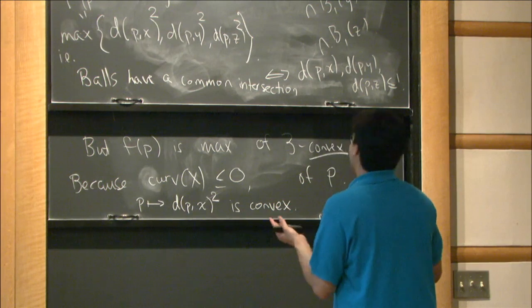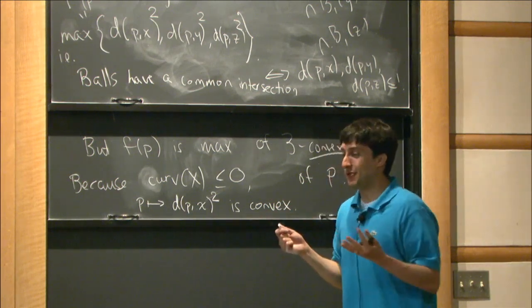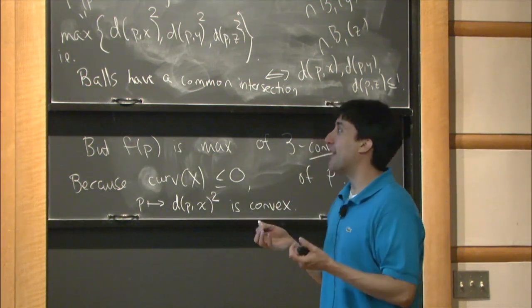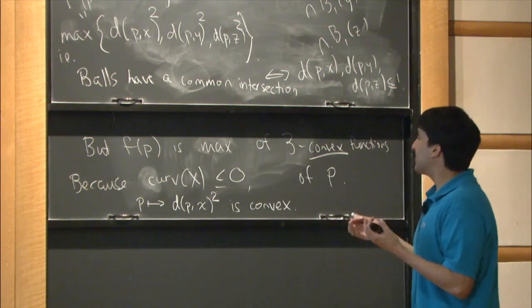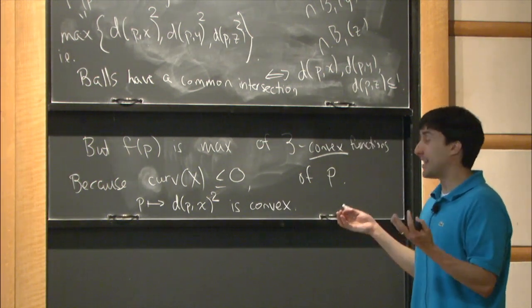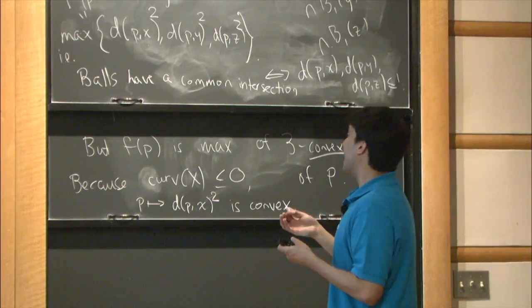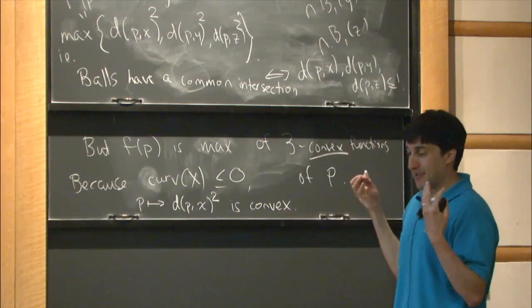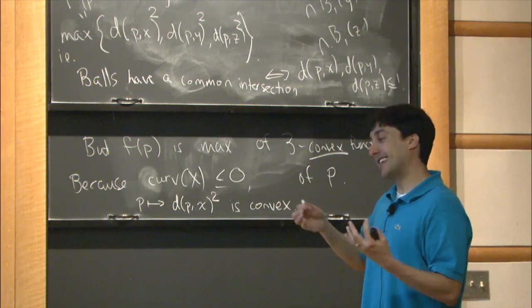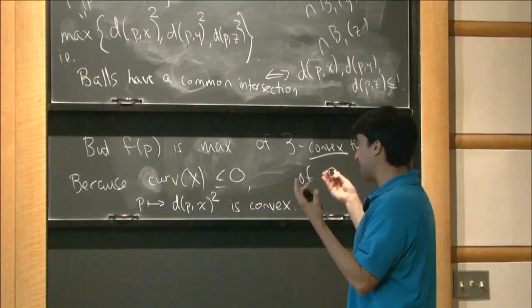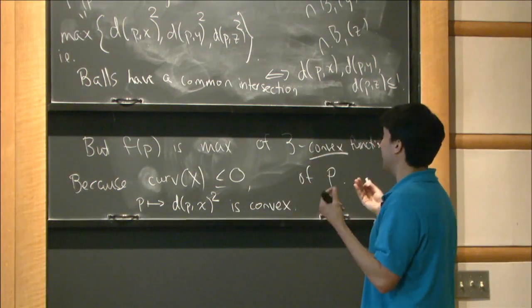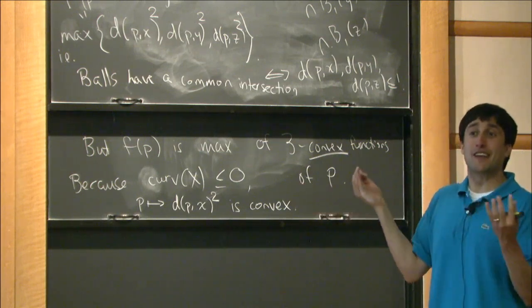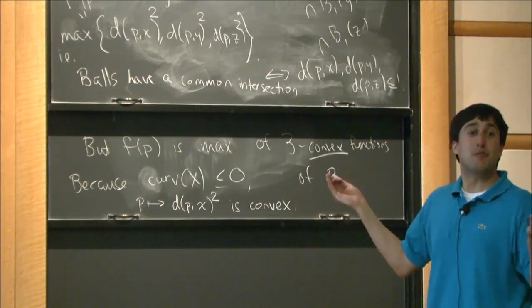So I guess it depends who you ask. I'm not an expert in optimization, but I think there are some people at the IAS who would say that if you've reduced a problem to finding the optimal value of a convex function, you've sort of solved the problem.